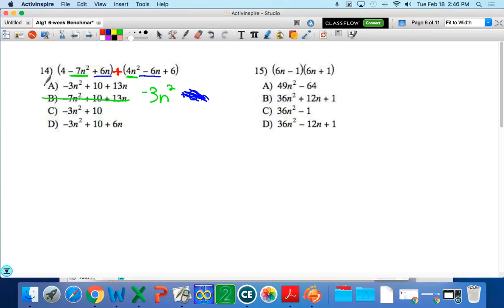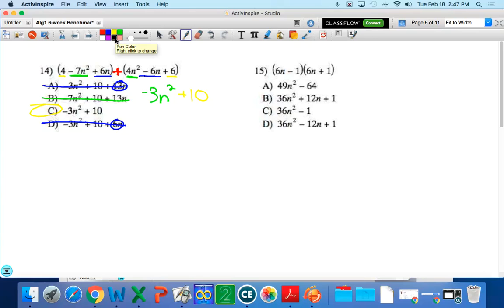So as it stands, it looks like that one's gone and that one's gone because it had an n piece. And that one had an n piece. Well, let's just double check. Let's finish the problem. 4 plus 6 is 10. -3n squared plus 10.